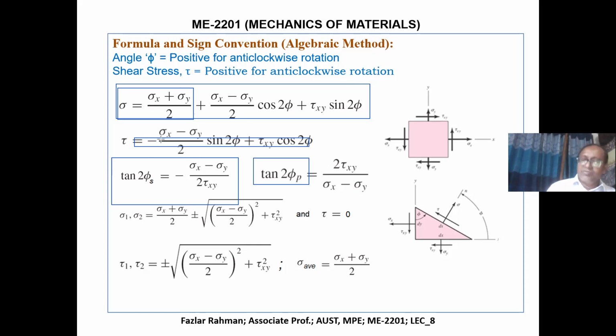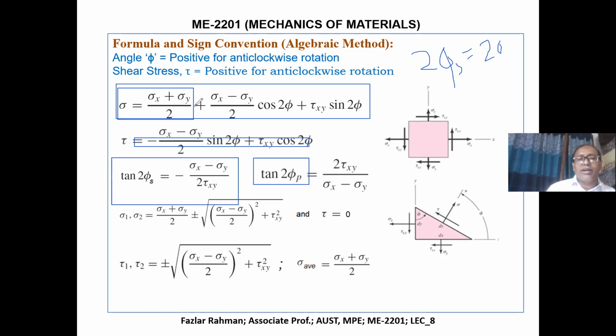So you put 2 phi s equal to 20. What will be the other angle? 180 plus 20. That we need to add 180. So 180 plus 20 means 200.